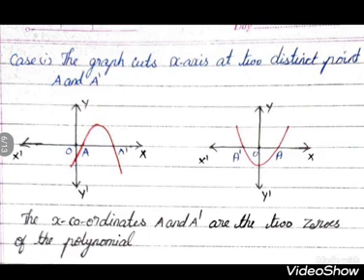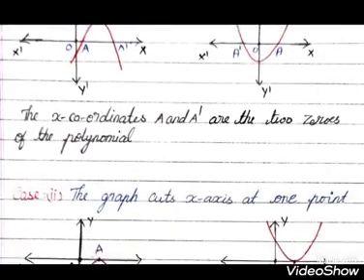Now observe how many points it intersects. The parabola intersects the x-axis at 2 points, so the x coordinates A and A dash are the two zeros of the polynomial. So now we consider two zeros. Next we move on to case number 2.